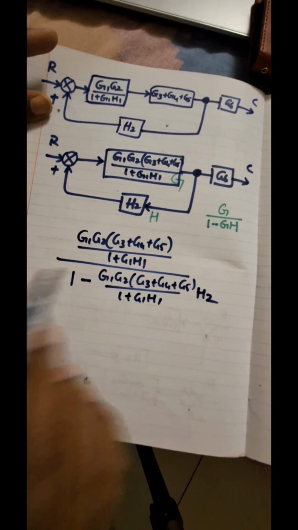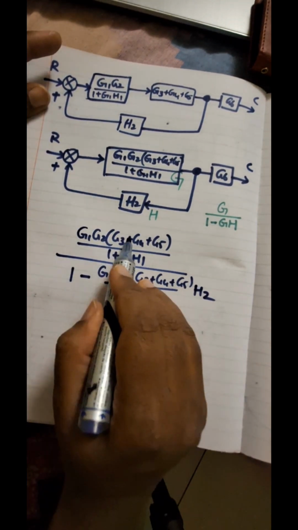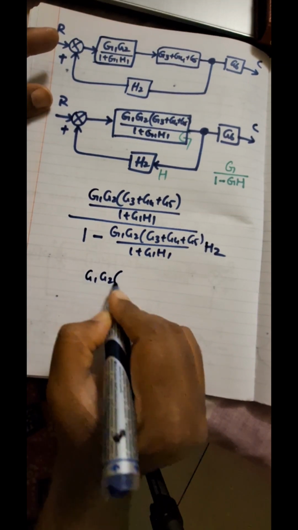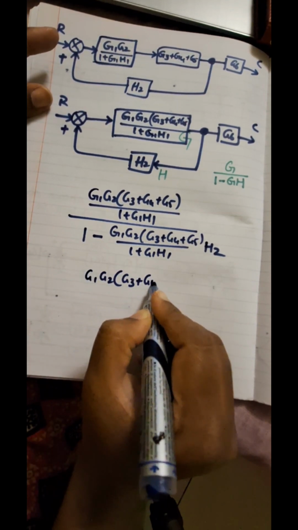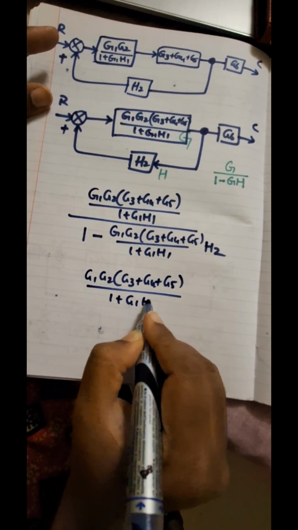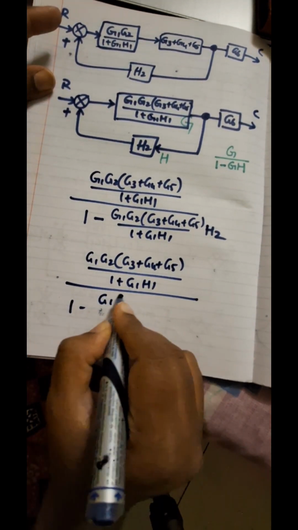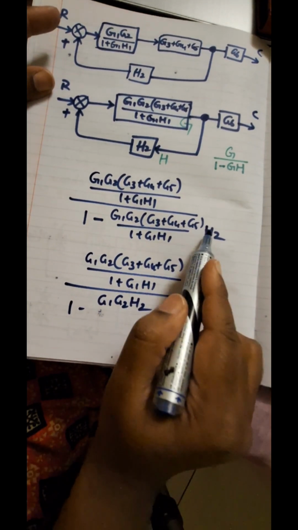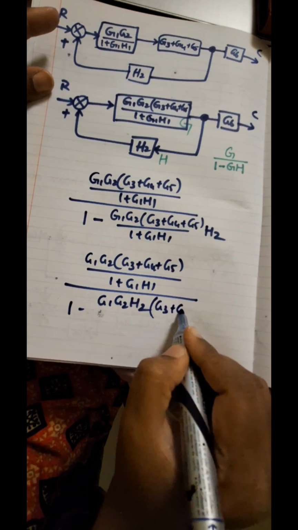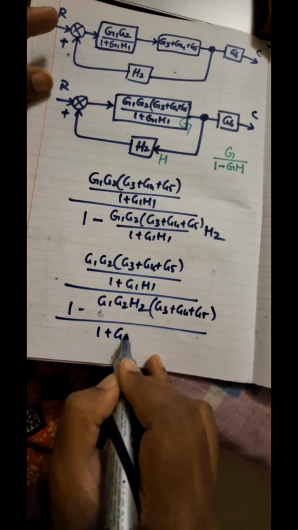Right? So this should be your solution. In this solution, let us take the denominator LCM, so the numerator will be G1 G2 into (G3 plus G4 plus G5) by (1 plus G1 H1) minus G1 G2 H2 into (G3 plus G4 plus G5) by (1 plus G1 H1).